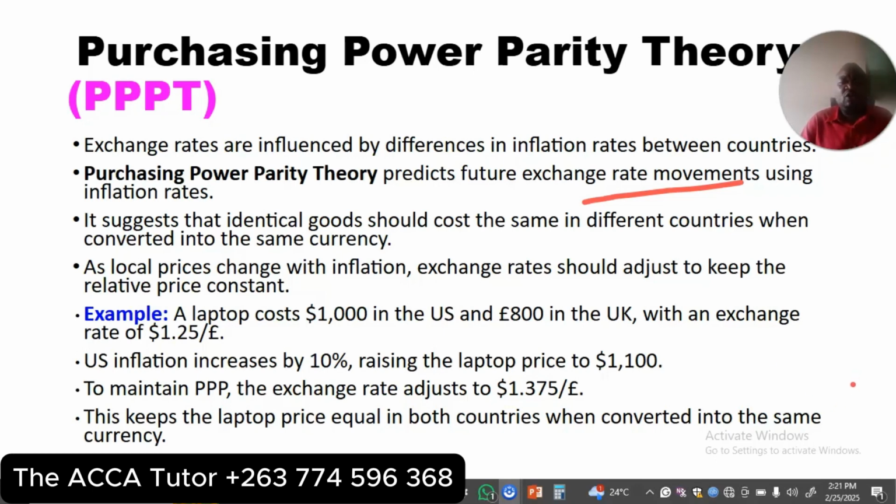All right. So I've put an example there where a laptop is costing $1,000 in the US and £800 in the UK with an exchange rate of $1.25 per pound. Right? So US inflation increases by 10%.